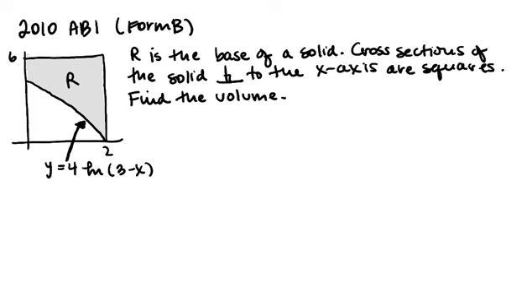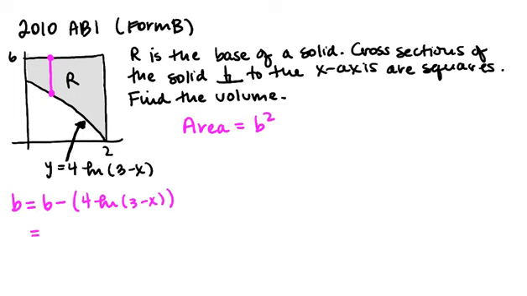We know the area of a square is going to be the square of the base. We need a base. So here we go. Top minus bottom. The top is y equals 6. The bottom is y equals 4 log of 3 minus x.